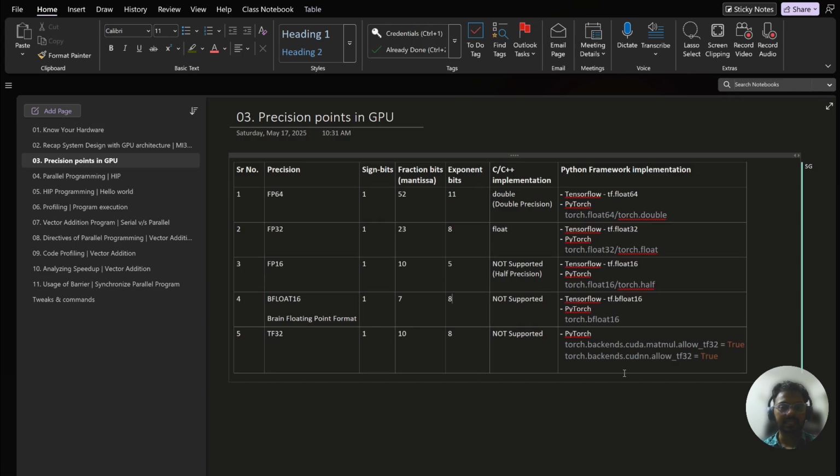You can take an example. Say you are multiplying two values, value 1 and value 2, and let's say you have defined both as bfloat16.